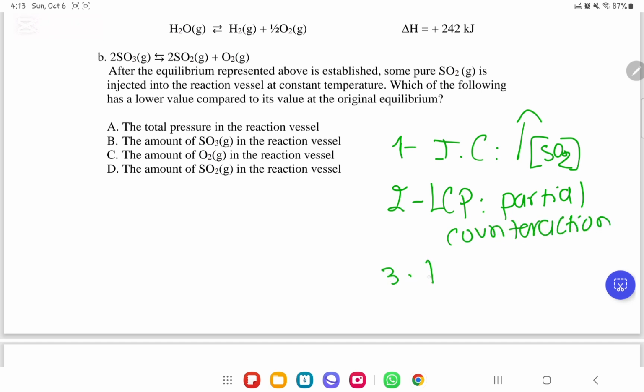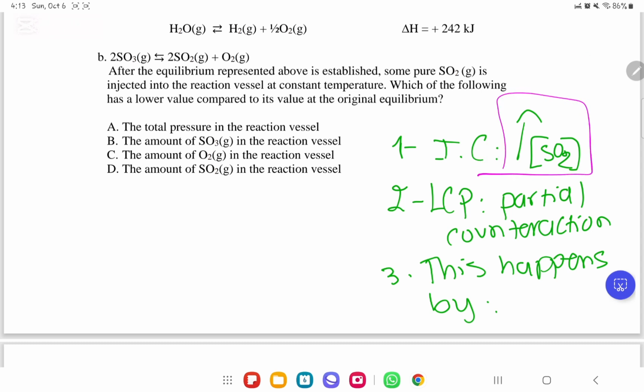Now, how does this partial counteraction happen? It happens by the total opposite of what the imposed change is. So if the imposed change is the increase in concentration of SO2, this happens by decreasing the concentration of SO2.